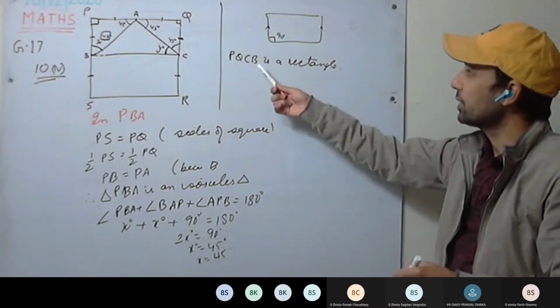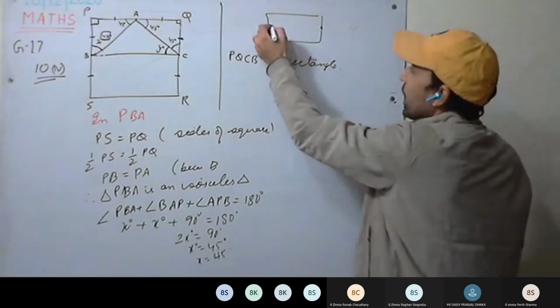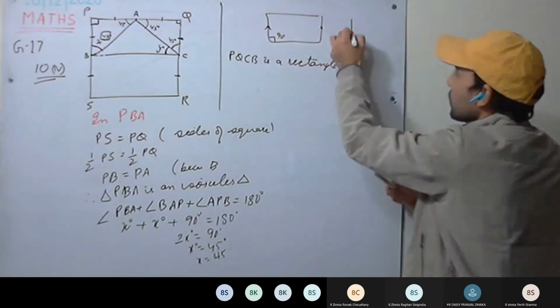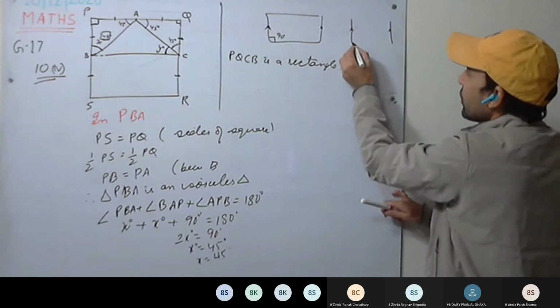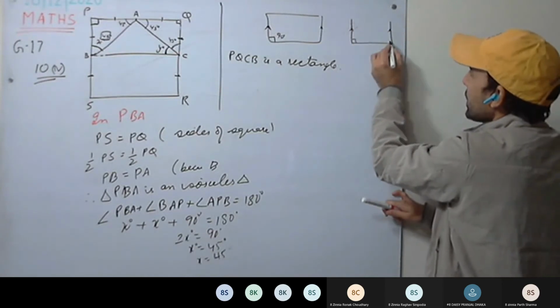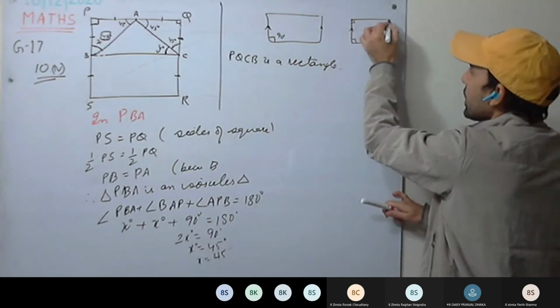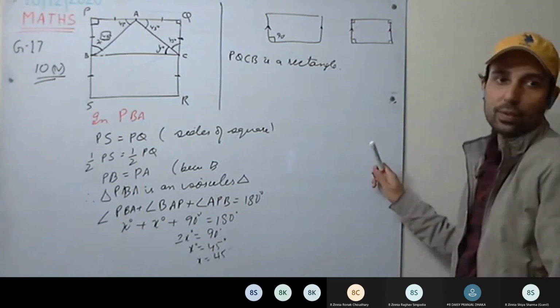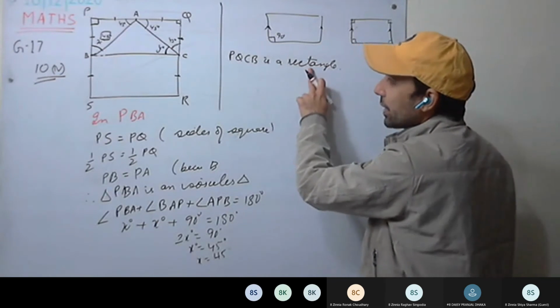Understood? So the remaining angles have to be 90 degrees as well. So PQCB is a rectangle.